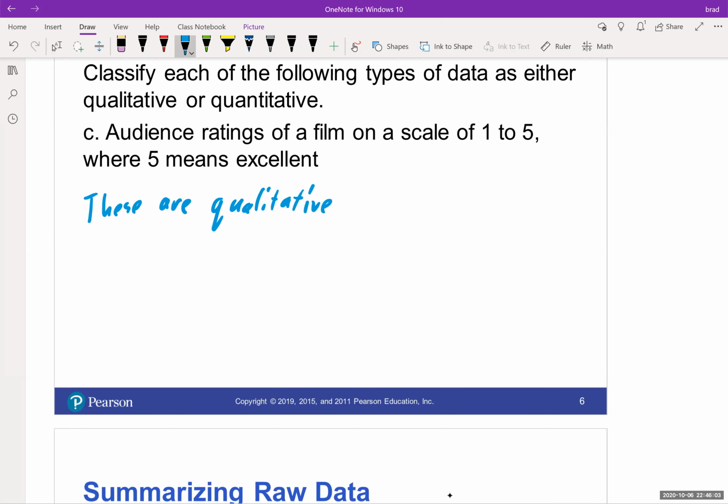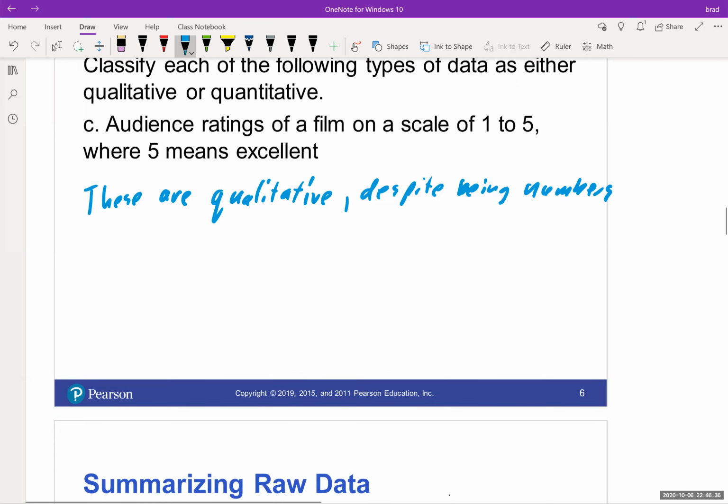These are qualitative despite being numbers. So the problem might be trying to trick you to make you think it's numerical just because it put numbers in there. Or just like somebody's jersey. If a basketball player has the number 32, the number 32 doesn't hold a numerical value. It's basically a replacement for the name. So you can say, oh, I'm going to cover number 32. And everybody knows that that's that individual. Okay, so that's what would be qualitative. And even though it's a number, it's not quantitative in that case.